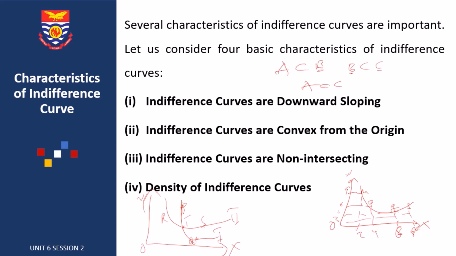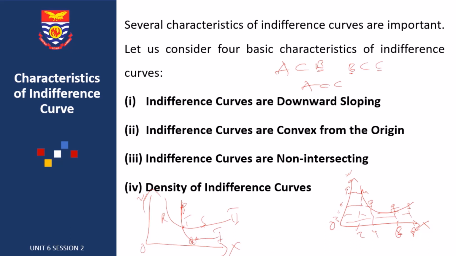We are going to talk about the inconsistencies that will arise. Since P is preferred to R, Q must then be preferred to what? S, because P and Q are on the same indifference curve, and R and S are on the same indifference curve. But since P is preferred to R, Q should also be preferred to R. Yet in this case, S is rather preferred to what? Q. So it's bringing inconsistencies.